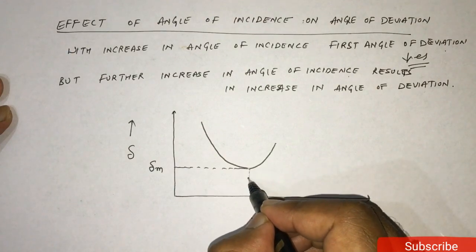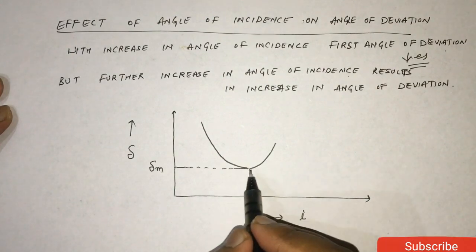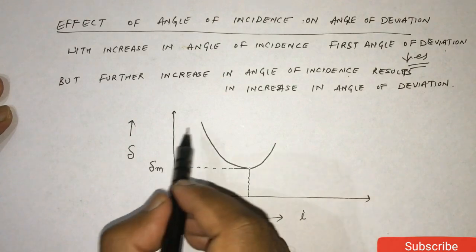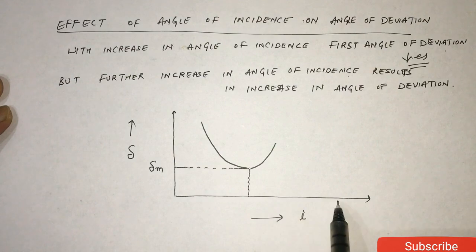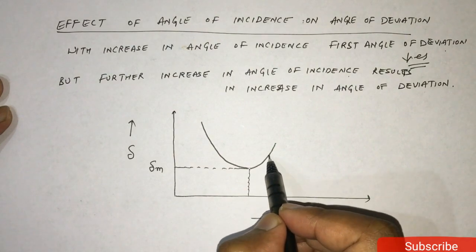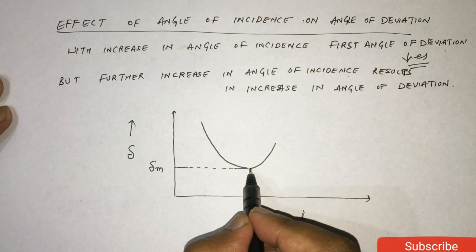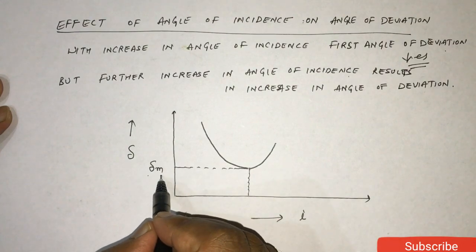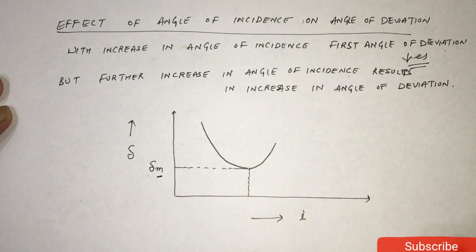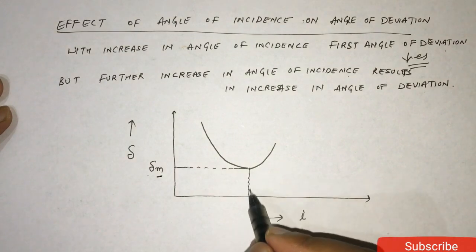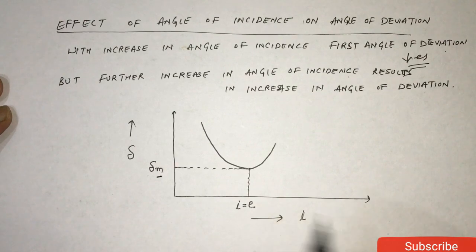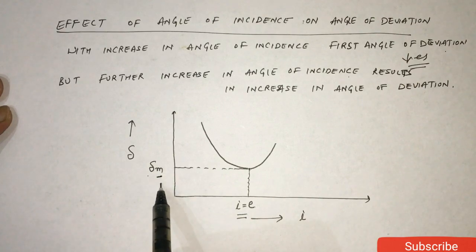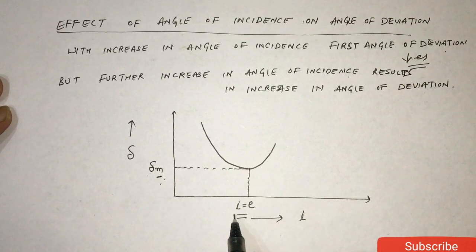Means to say, till this point the angle of deviation decreases. After this, with increase in angle of incidence, the angle of deviation increases. So this angle is known as angle of minimum deviation. This M denotes minimum deviation. At this point, the angle of incidence is equal to the angle of emergence.